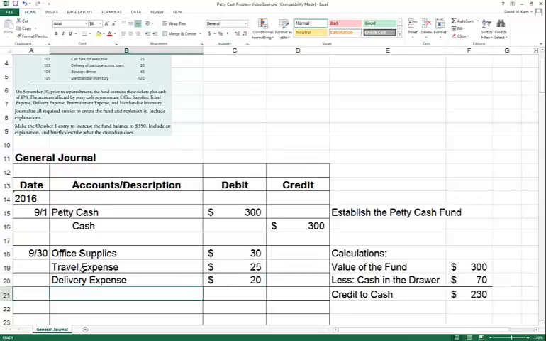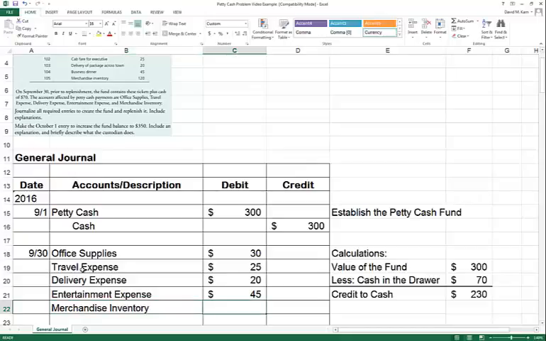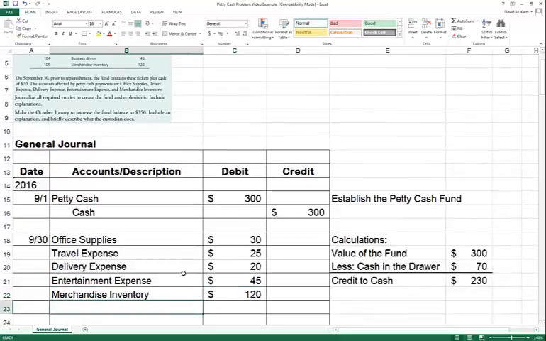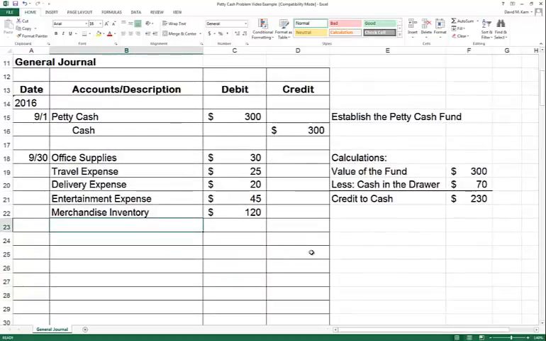The business dinner would be an entertainment expense, for $45. And then the merchandise inventory would be an actual asset that we're buying, so we would just debit merchandise inventory for $120.